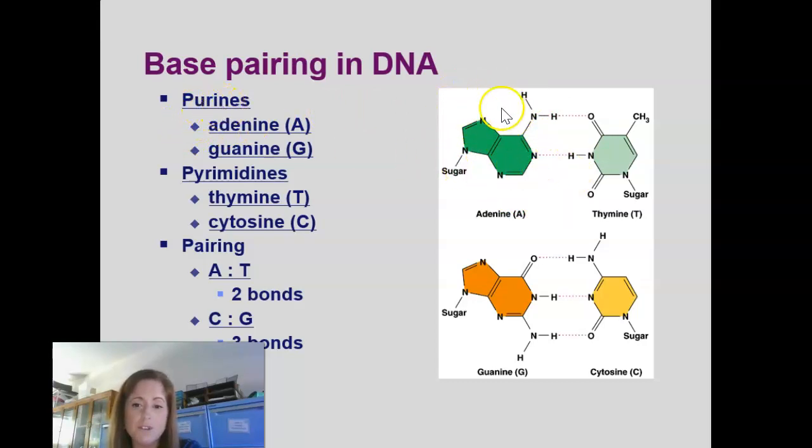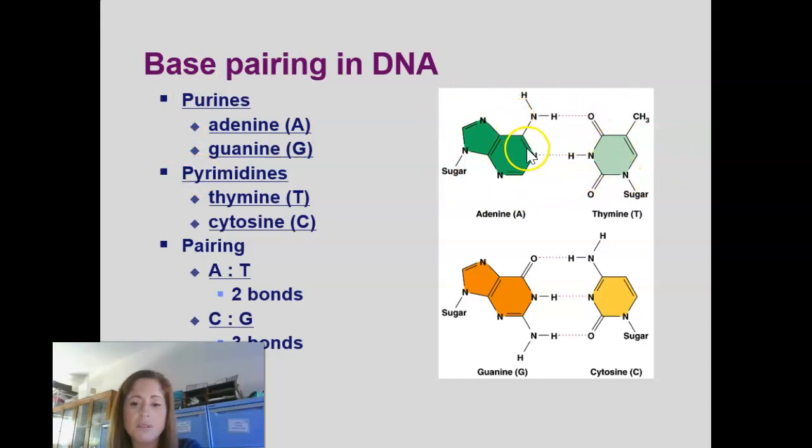So purines have 2 rings and pyrimidines only have a single ring. And so adenine always binds to thymine, but it's really a purine binding to a pyrimidine. Now, you don't necessarily need to know those words, but just being able to recognize that one has 2 rings and one has 1 ring.